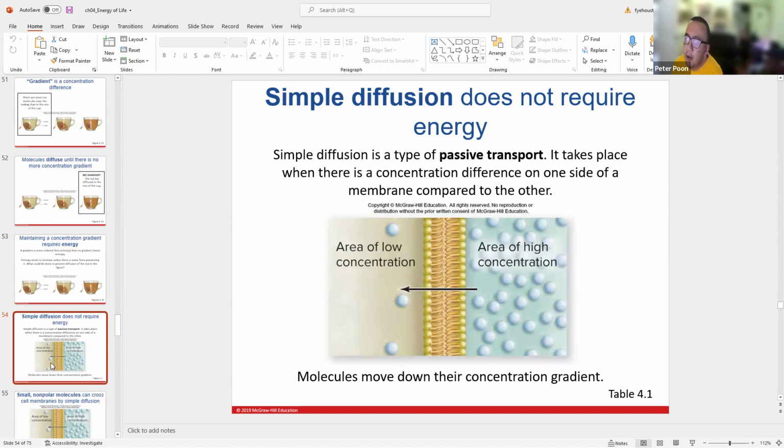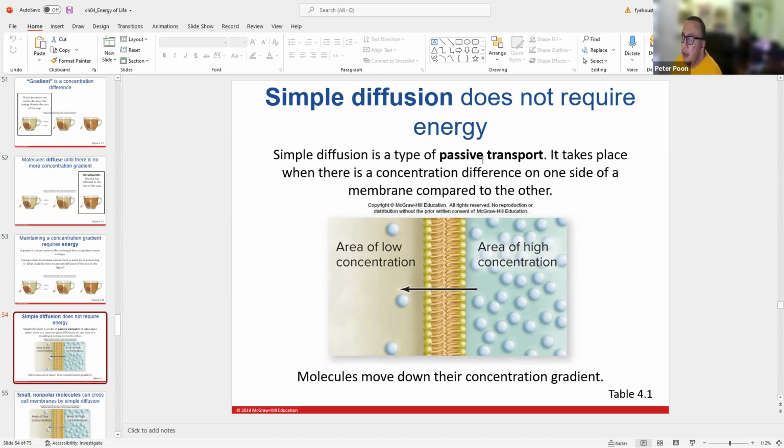Simple diffusion is a type of transport that doesn't require any energy. When you hear the word passive, passive means it doesn't require energy. Active means it requires energy. Simple diffusion is a type of passive transport.